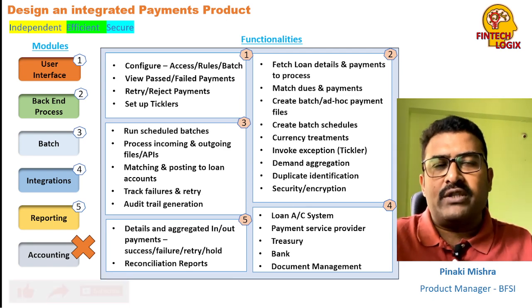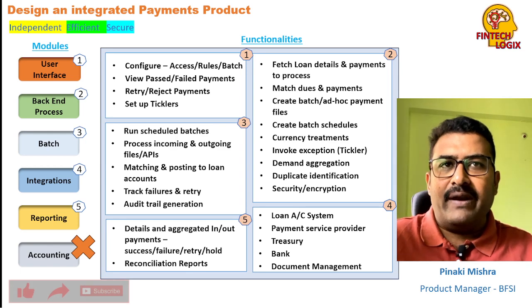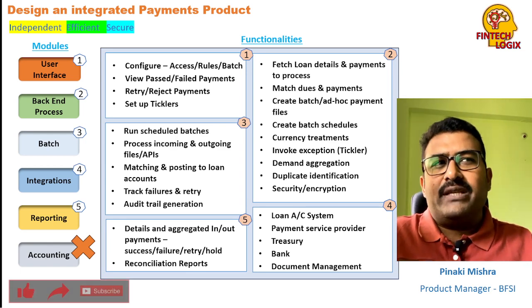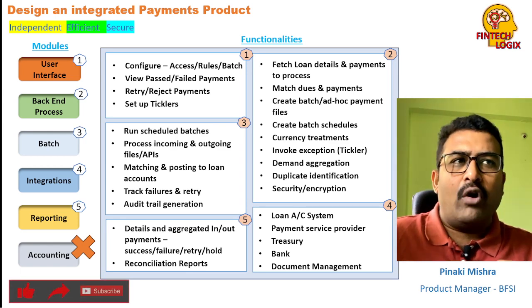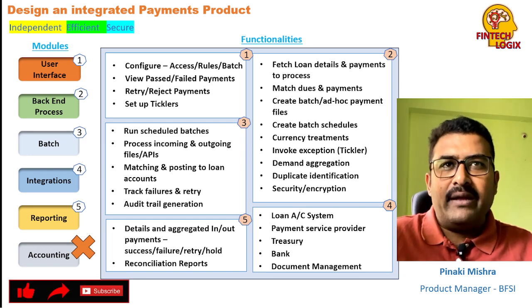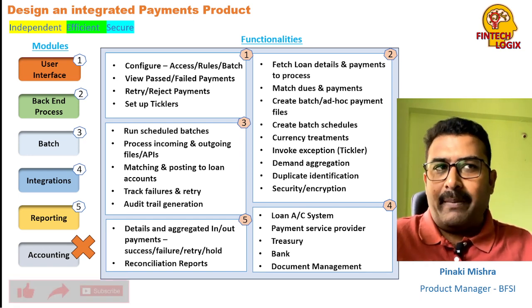So that is why I have crossed out at this point of time the need of an accounting system. So this is in short the 5 modules that are required when you are designing your payment system.